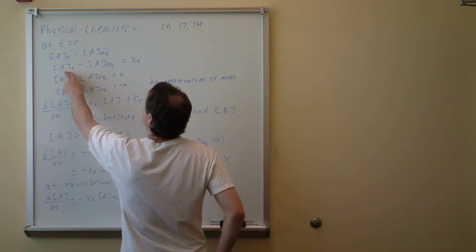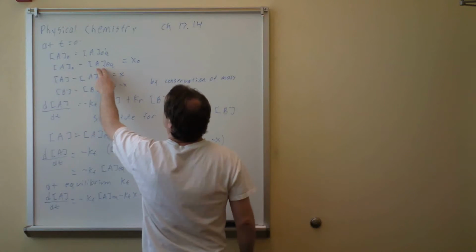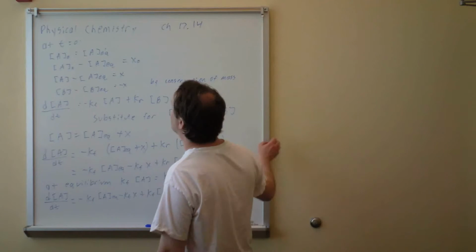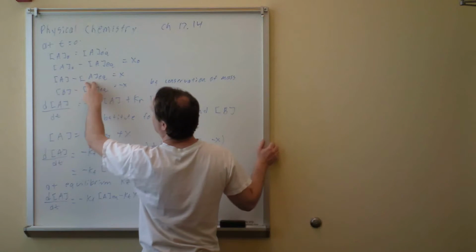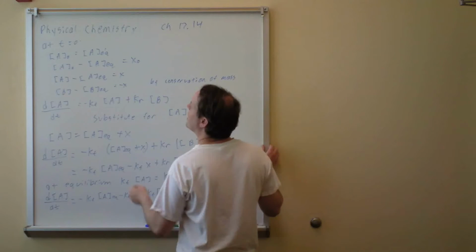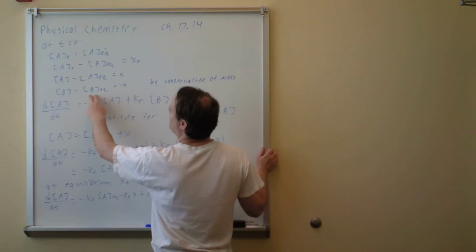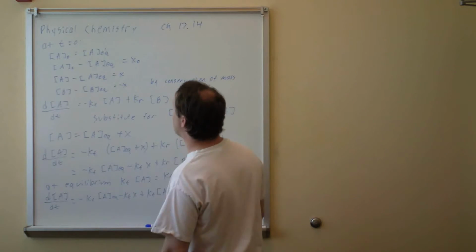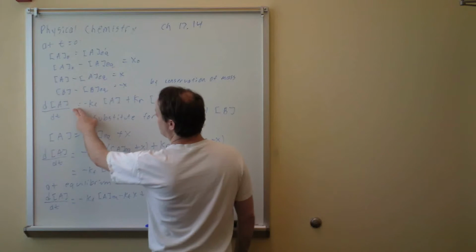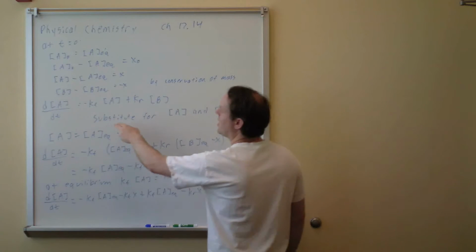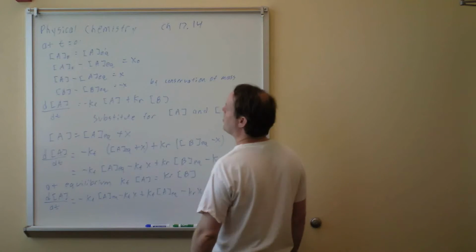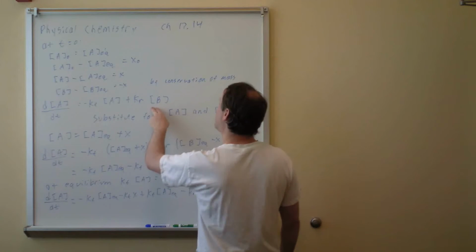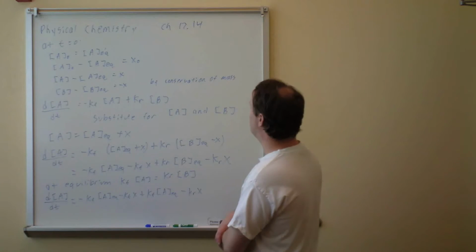And then the concentration of A minus the equilibrium concentration of A, we're going to call that X. And the concentration of B minus the equilibrium concentration of B, by conservation of mass, we'll call that minus X. So we have the differential of the concentration of A with respect to time is going to equal minus the rate constant for the forward reaction times the concentration of A, plus the rate constant for the reverse reaction times the concentration of B.